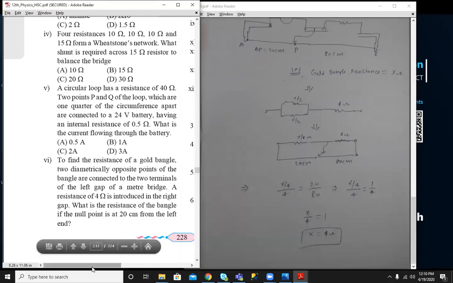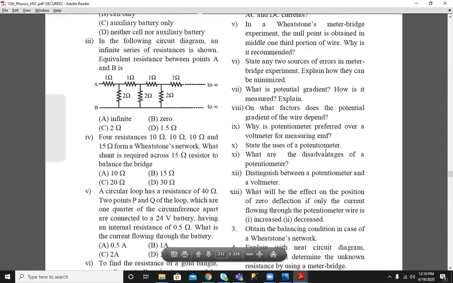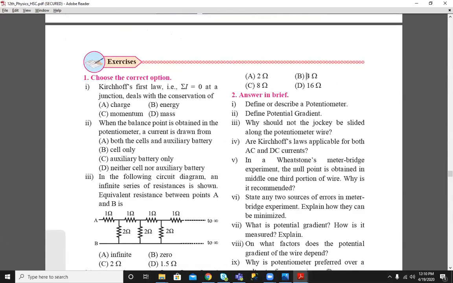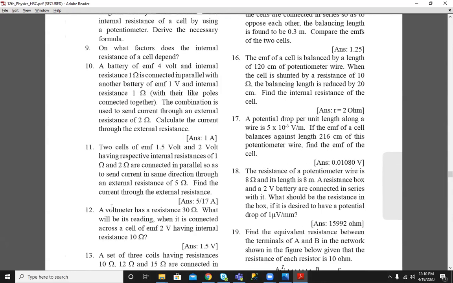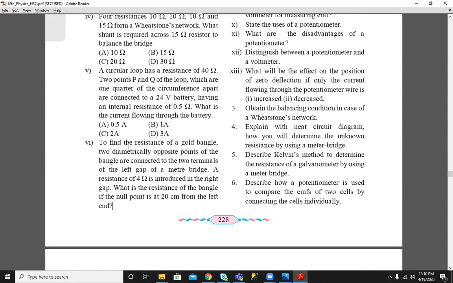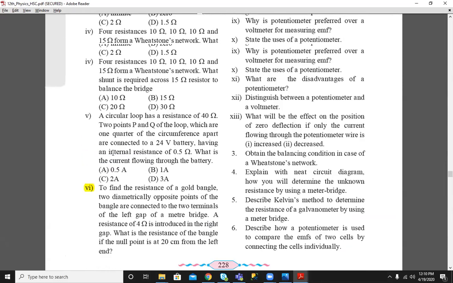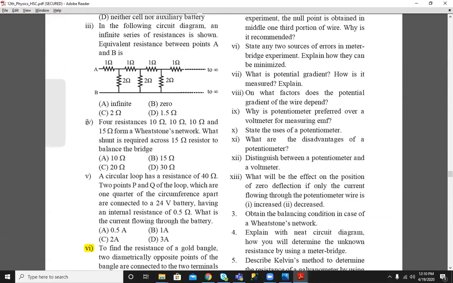So the answer is B. This is only the MCQ on meter bridge, there is no problem based on meter bridge in the unsolved section. We will see some of the board questions of meter bridge. So this MCQ is also done.